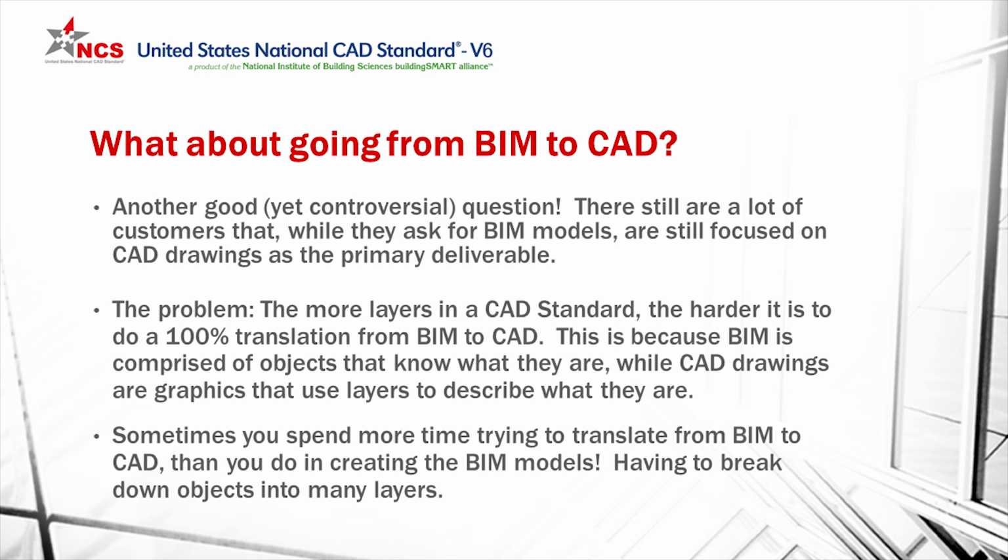But CAD drawings are 2D graphics that you do have to break out into layers. So the problem that people are finding is that they're spending more time trying to translate from BIM to CAD and making sure everything's on the correct layers according to a standard than they are in creating the BIM models, because they're having to break these objects down into so many different layers.